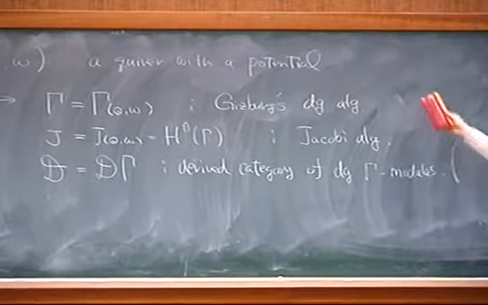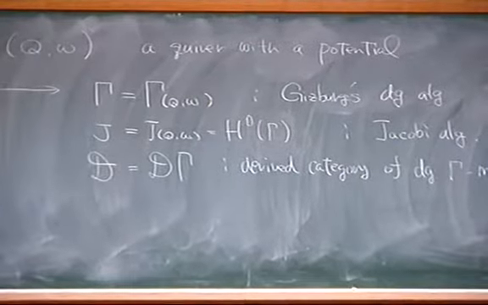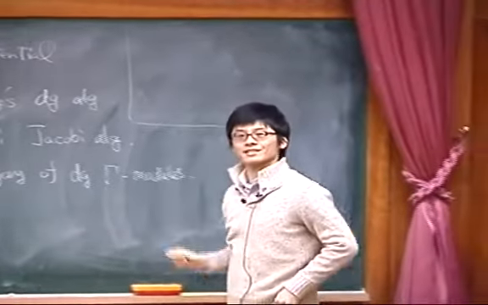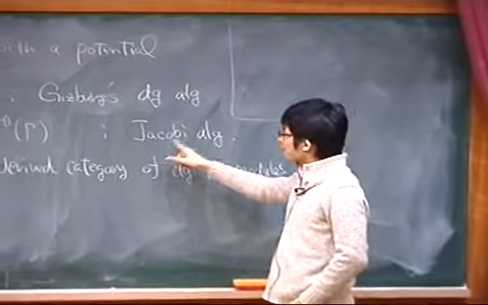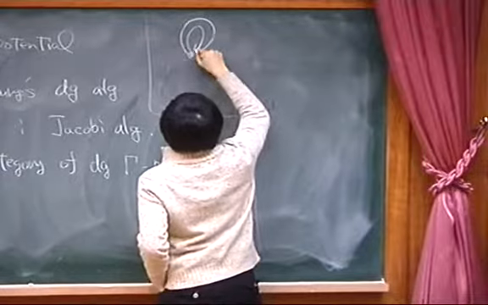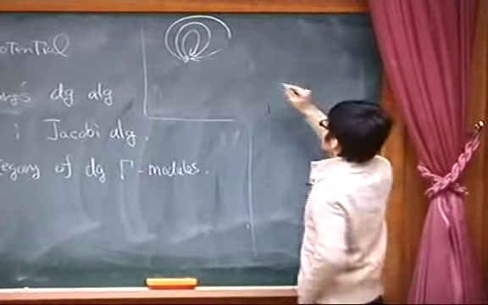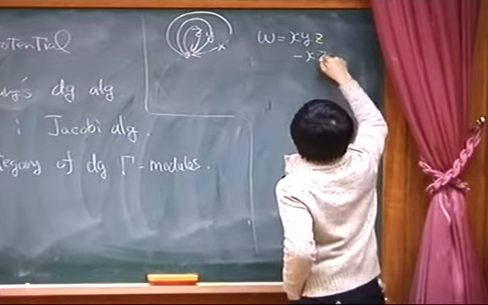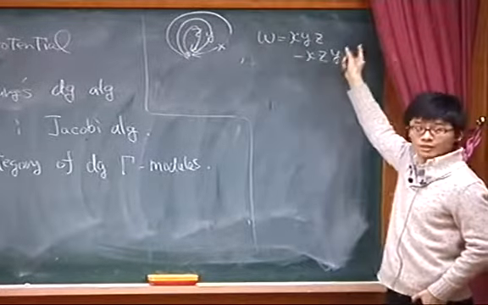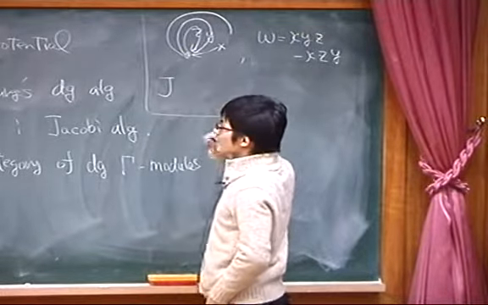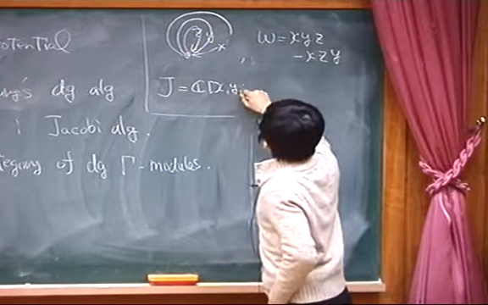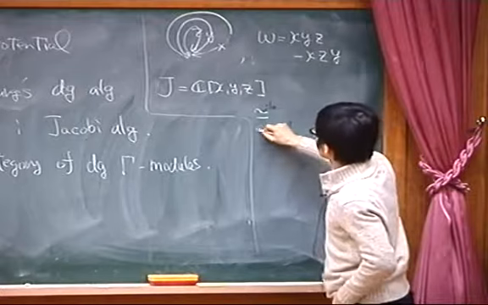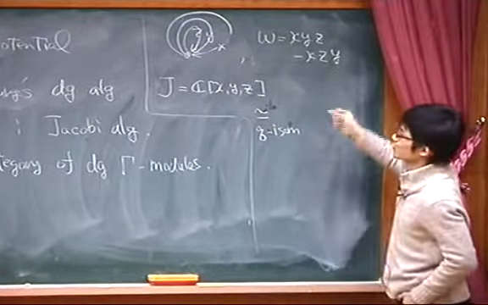An example of a quiver with potential. For example, if we take such a quiver, with arrows x, y, z, and let w be this potential, then the Jacobi algebra is nothing but the coordinate ring of C3, and in this particular case it is isomorphic to the Ginzburg algebra.